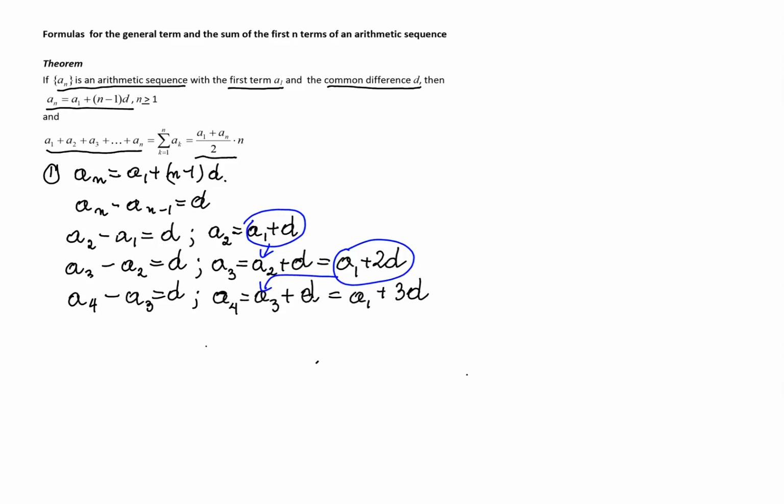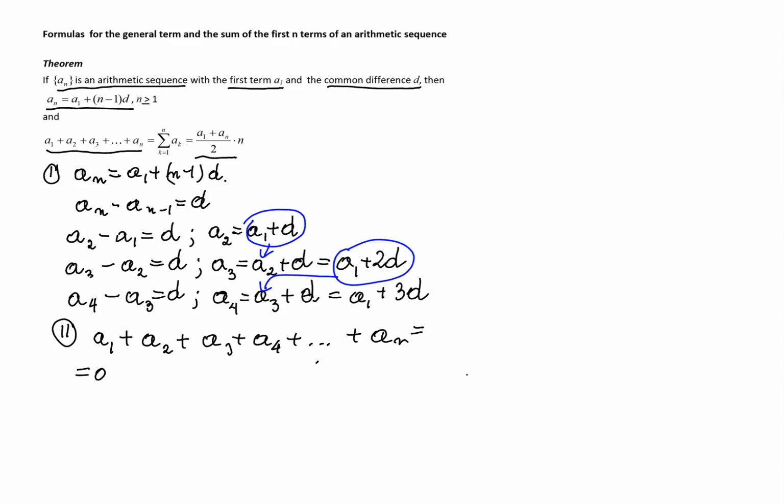As for part 2, we'll use what we just discovered, that a sub n is a sub 1 plus n minus 1 times d, and therefore we'll write the sum a sub 1 plus a sub 2 plus a sub 3 plus a sub 4 plus and so on until we arrive at a sub n.